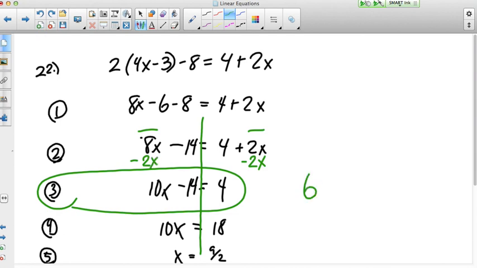So it should be written as 6x minus 14 equals 4. So instead of adding 2x to both sides, they should have subtracted 2x from both sides. And that is it.